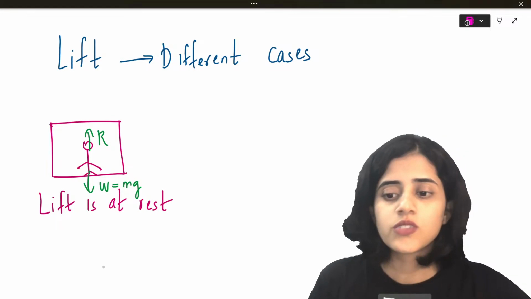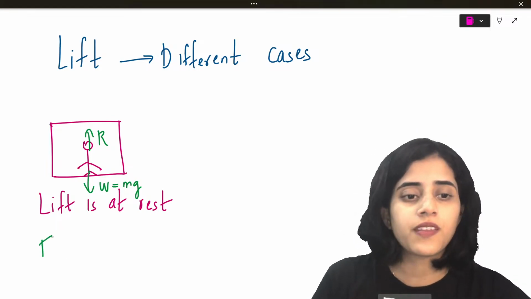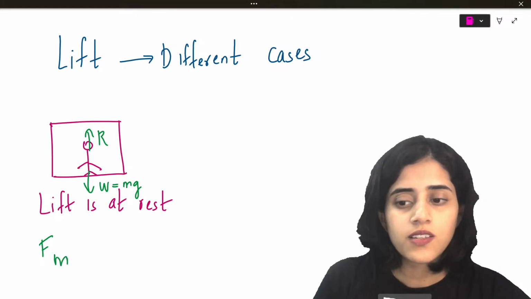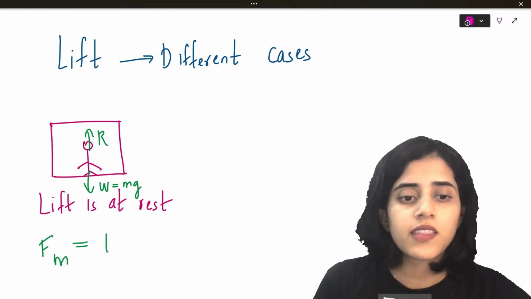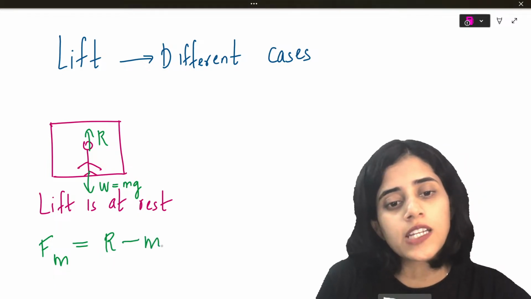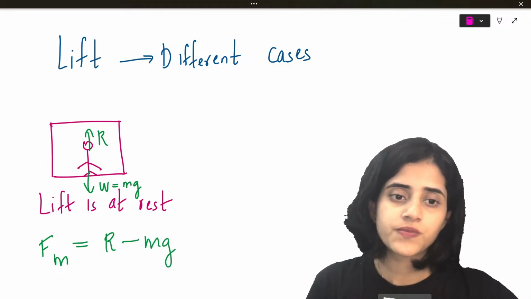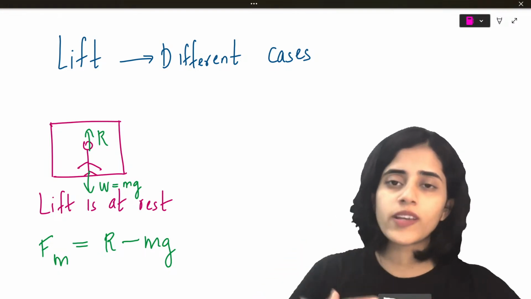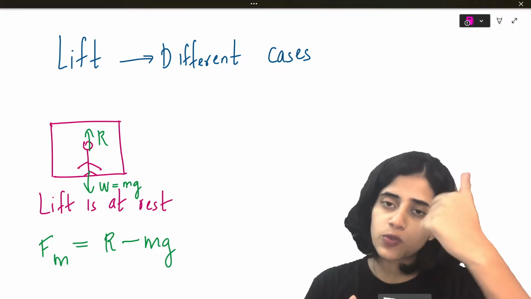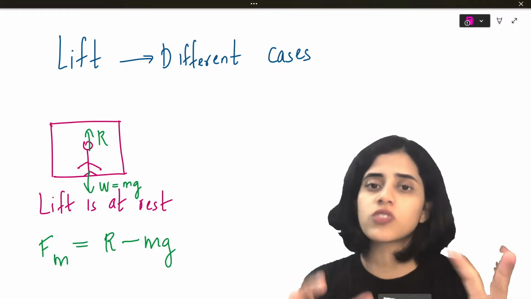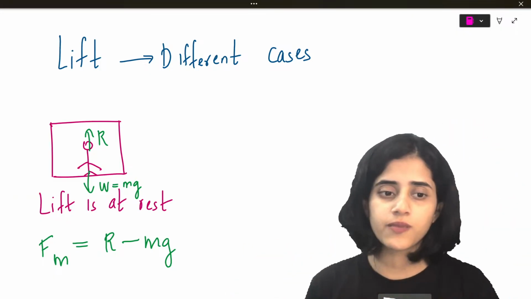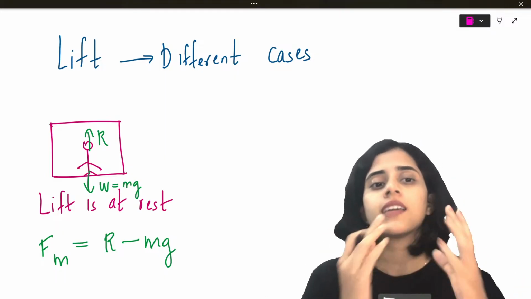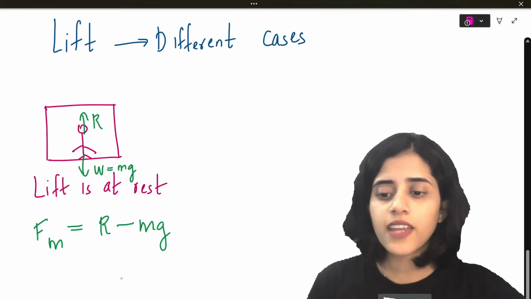So the total force experienced will be the upward force minus the downward force. The lift is at rest, right? Any force that you experience will be the difference between the upward force and the downward force, because those are the only two forces acting on your body. The difference in force, I will just write it as F. It is basically R minus mg.